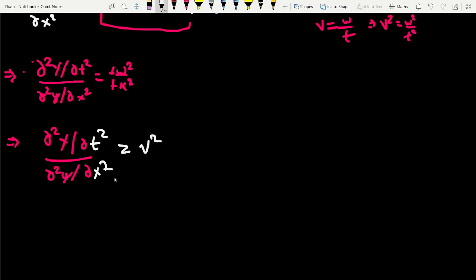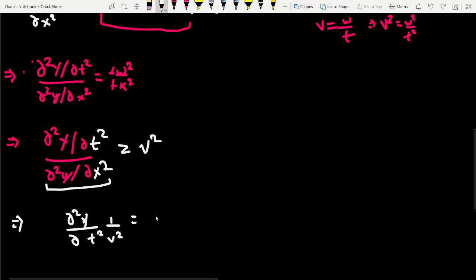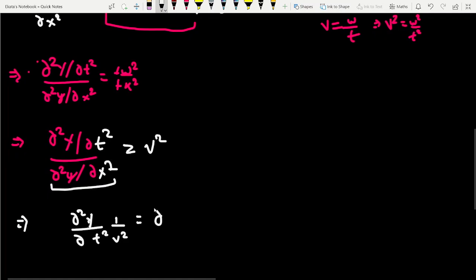Now we shift this particular term to the right hand side and this particular term to the left hand side, and what we are left with is del 2y divided by del t2, times 1 divided by v square, equals del 2y divided by del x2.